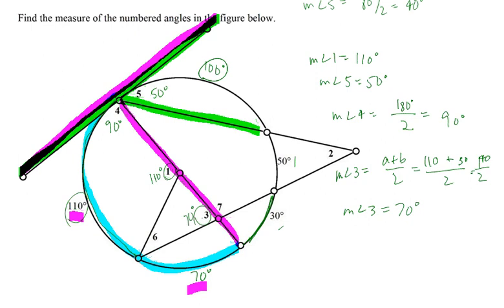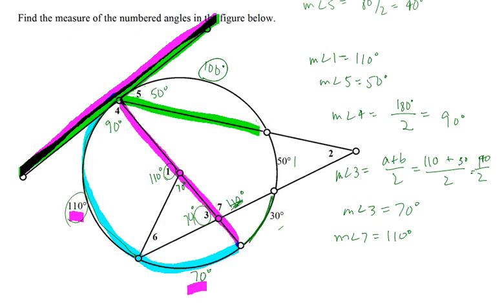If I know that 3 is 70 degrees, I can easily figure out that 7 is 110 degrees just because of the straight angle. And I also know that this triangle, or this straight angle, should give me a 70-degree angle. And now I'm looking back at 110.